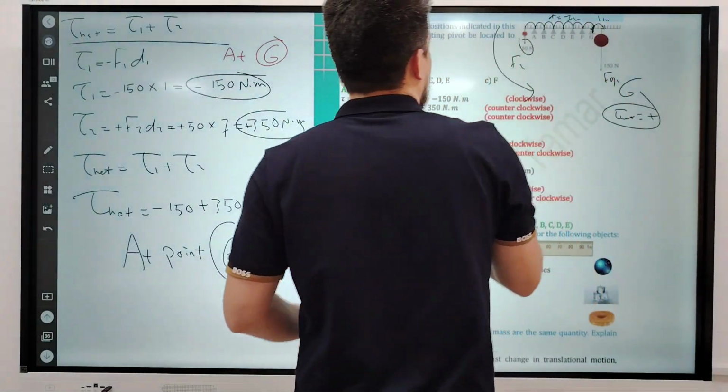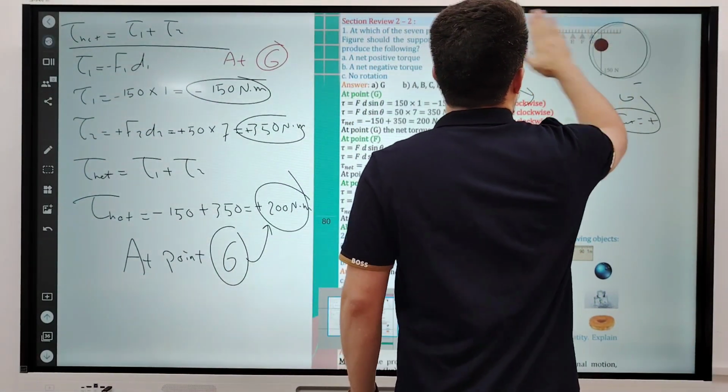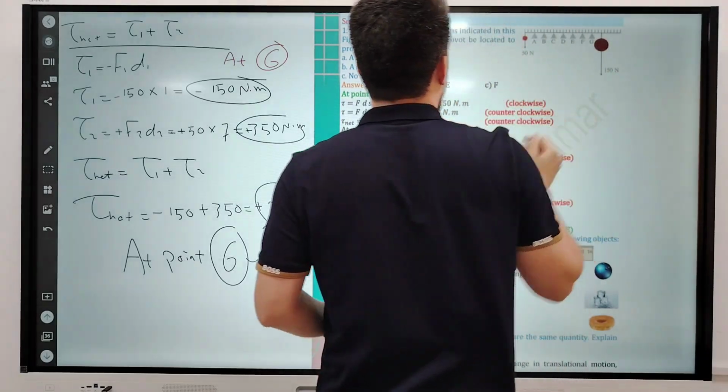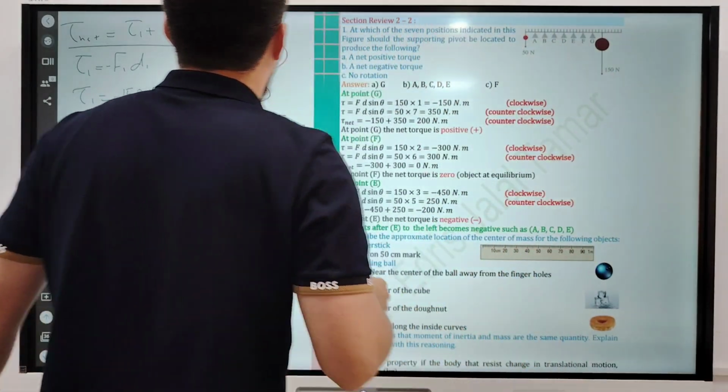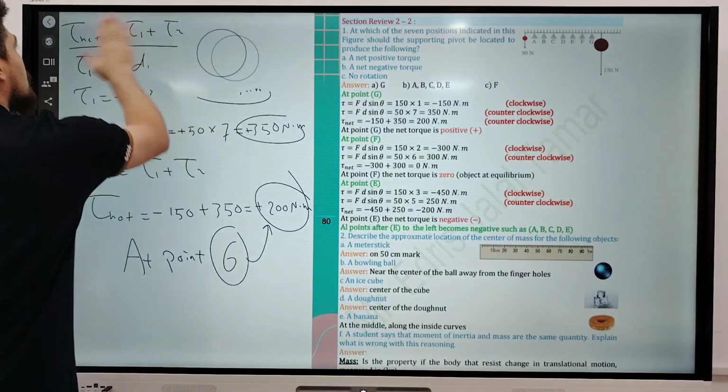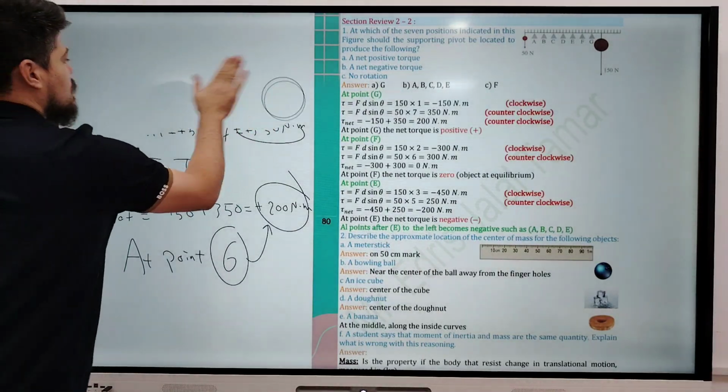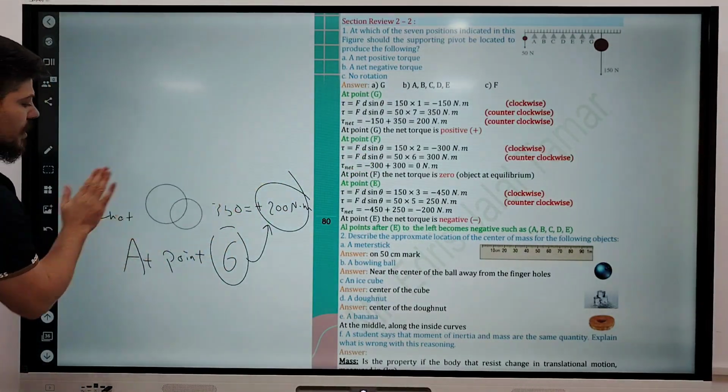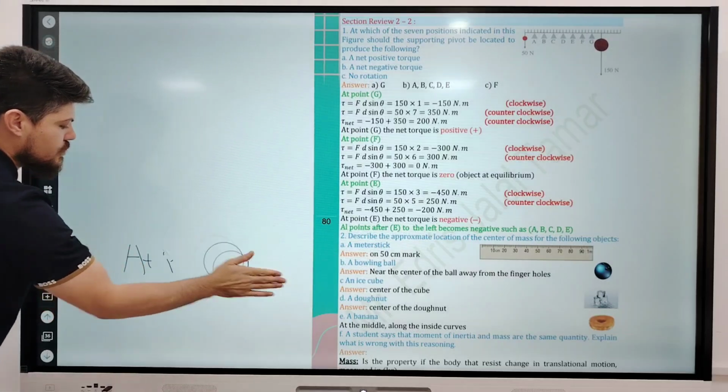Okay, let's check the point F. What about point F? Maybe point F also has net positive torque. Okay, so that is why we have to find the net torque at point F. At which point?